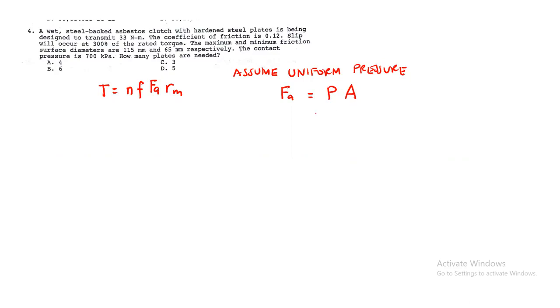So ang area na gagamitin natin dito is area equals pi over 4 dO squared minus DI squared. Then ang gagamitin nating mean radius mamaya is 2/3 dO cube minus DI cube over dO squared minus DI squared.